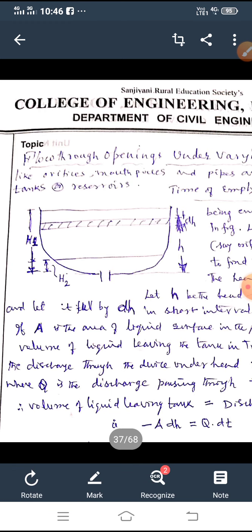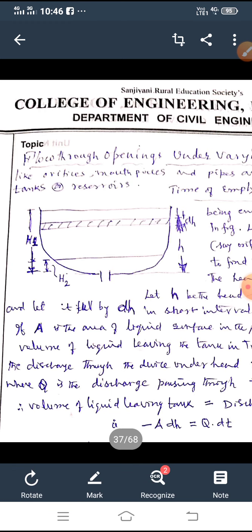Therefore, we can equate these: volume of liquid leaving the tank must be equal to discharge through the orifice. That will become equal to minus A into dH must be equal to Q into dt.